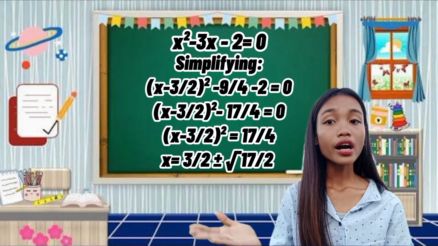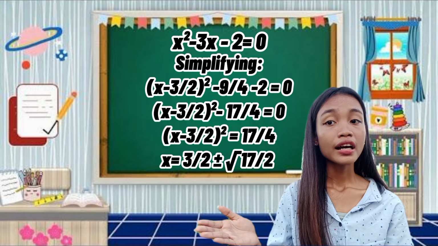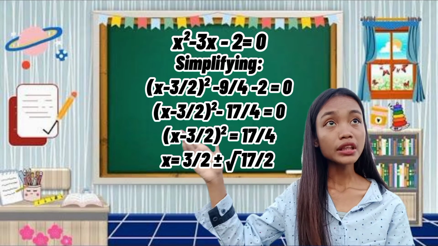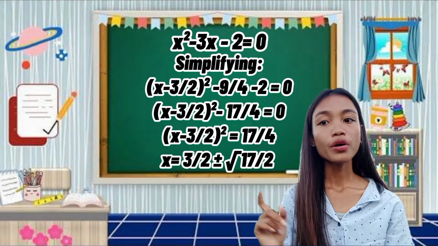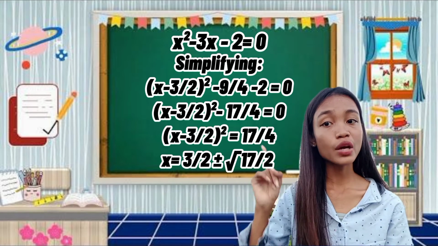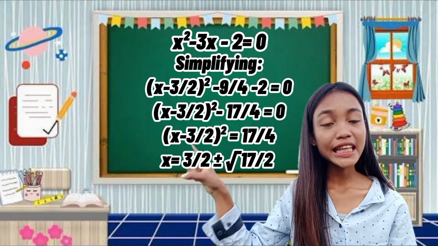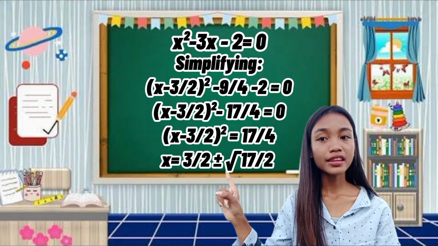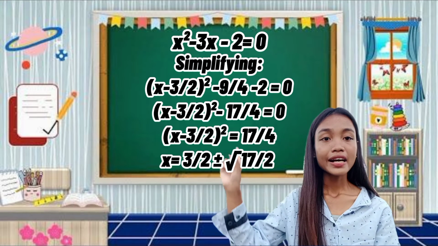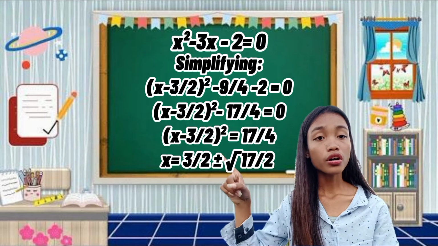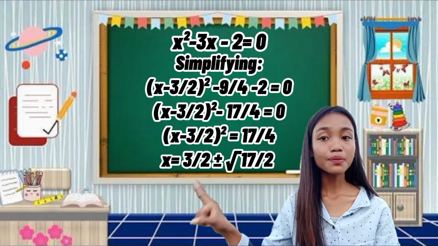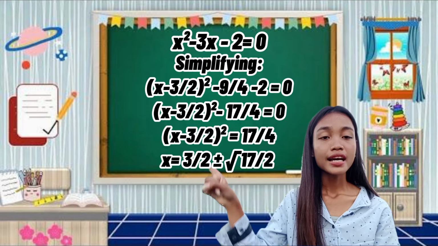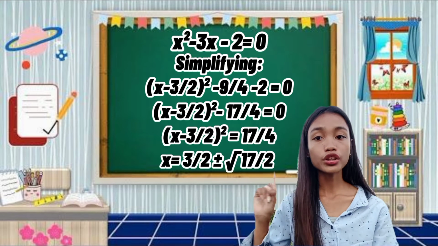So we are putting the negative 17/4 on the left. So x minus 3 halves is equal to the square root of 17 over 2. So x is 3 halves plus the square root of 17 divided by 2, or we say 3 halves minus the square root of 17 over 2.